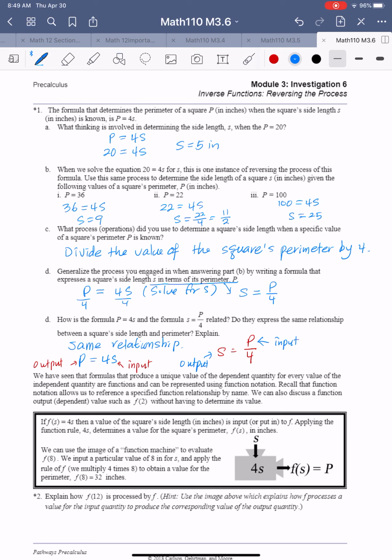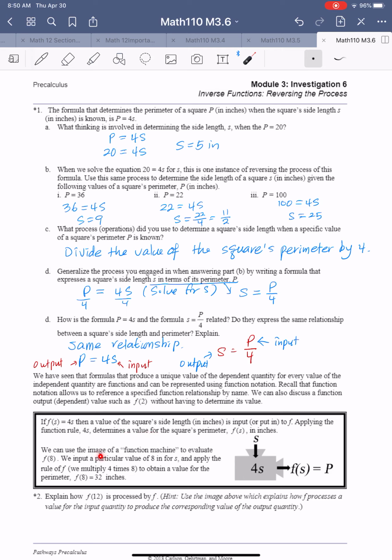All right, so let's look at the things in the box. In the box, if f of s equals 4s, then the value of the square side length in inches is the input put into the function. Applying the function rule, 4s determines a value for the square perimeter, so f of s is in inches.